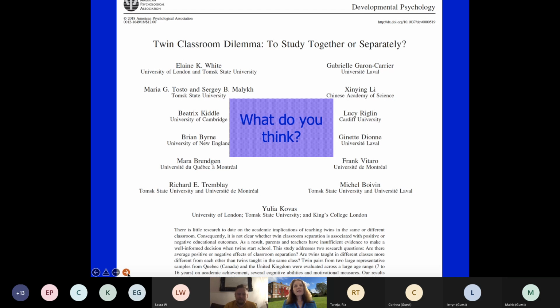So we evaluated the effects on performance and motivation of being separated or studying together. What we found is consistent with many other findings that we have. We found that there are no average differences between these groups. Whether children studied together or separately, their performance was not better or worse, and their motivation was not greater or less. So in this paper, we concluded that there is no policy that can be countrywide or school-wide in relation to this question.